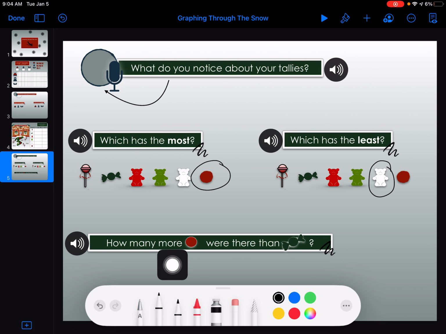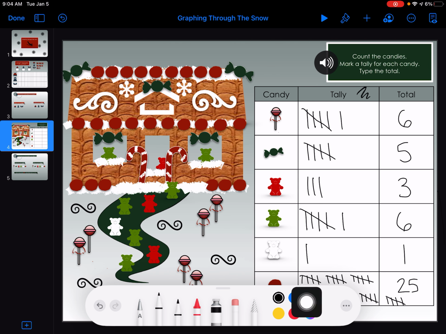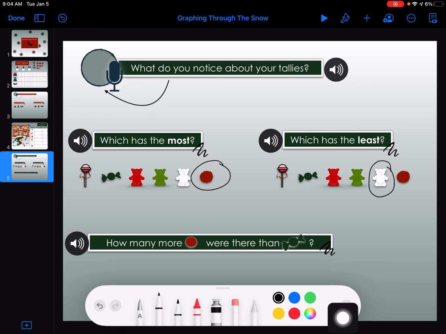How many more red gumdrops were there than the green hard candies? We're subtracting the green hard candy from the red gumdrops. So first, how many red gumdrops were there? 25. So I'm going to write 25.